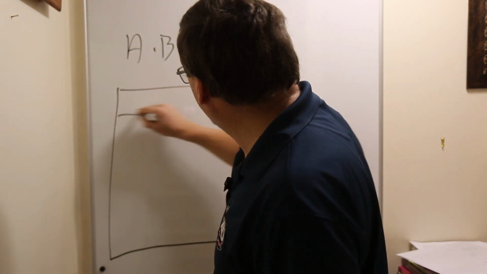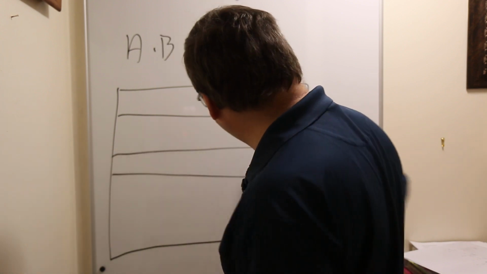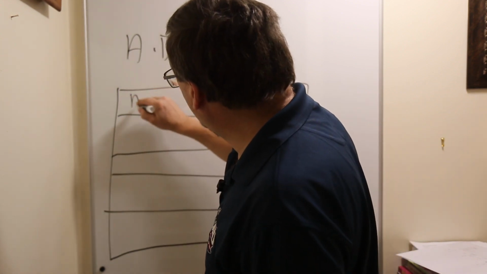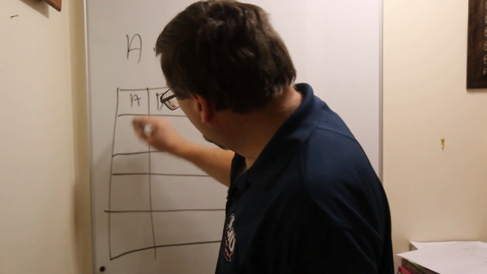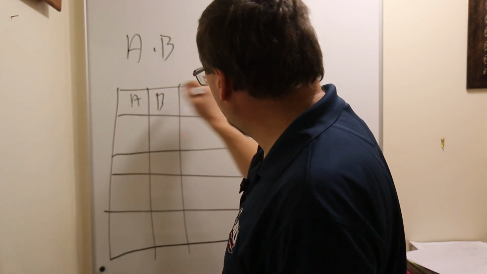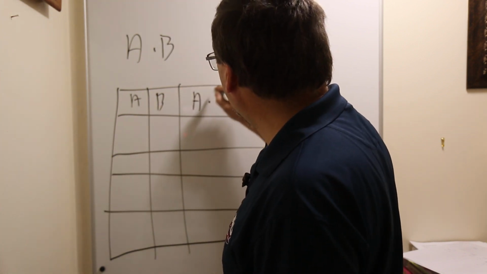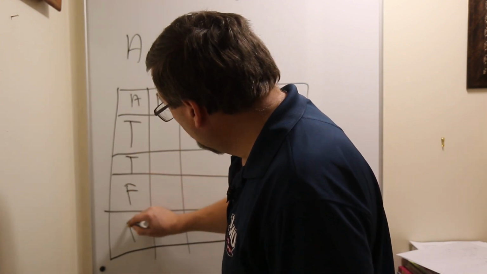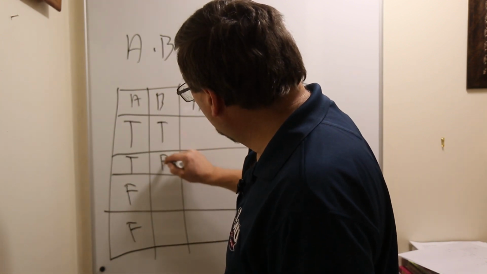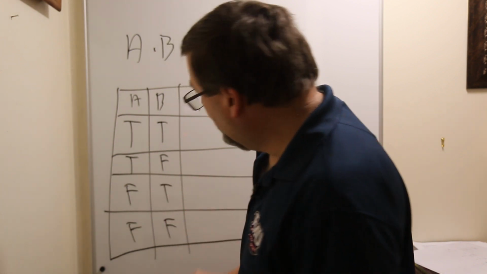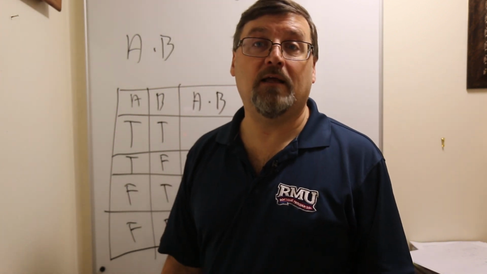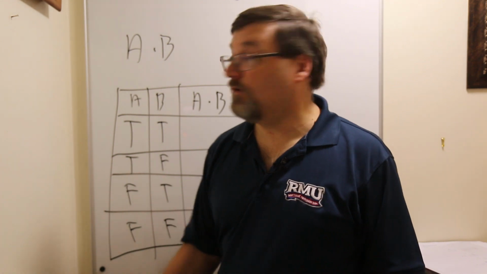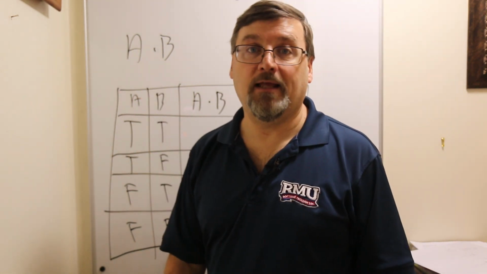So we make a truth table, and we're going to need 4 rows of conditionals and 1 for the labels. So we do A and B, and we do true, true, false, false, true, false, true, false. That gives us all the different possibilities of trueness and falseness for the 2 items in our statement.